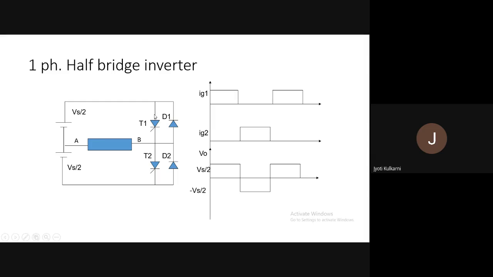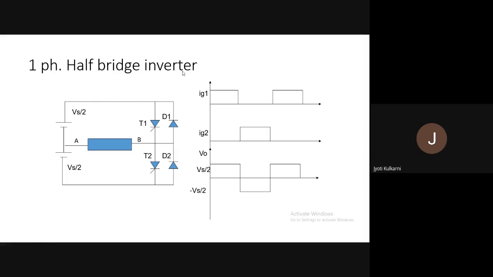Then through this arrow, the current comes in the downward direction and reaches the other terminal, the cathode. Then from the cathode it comes to this junction point. From this junction point it will not go to T2, because T2 is off. As T2 is off, it is acting as an open switch, so current cannot flow through the open path.